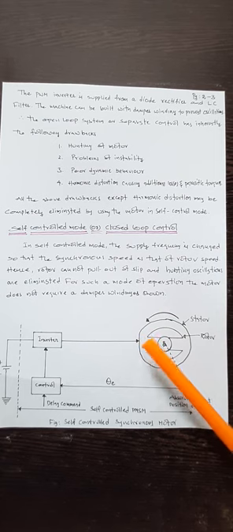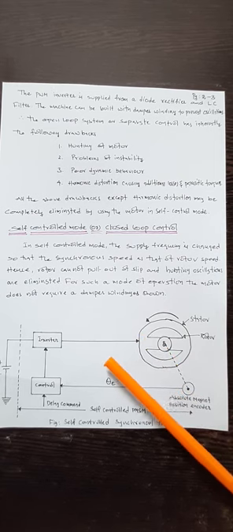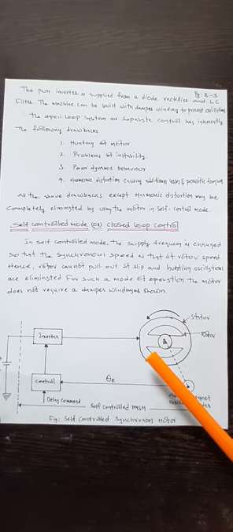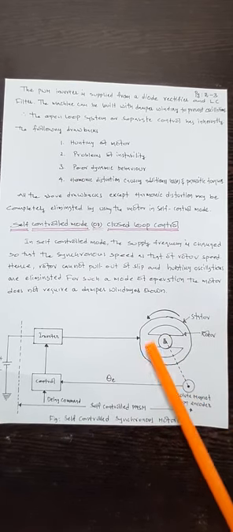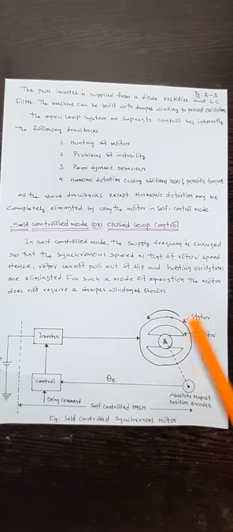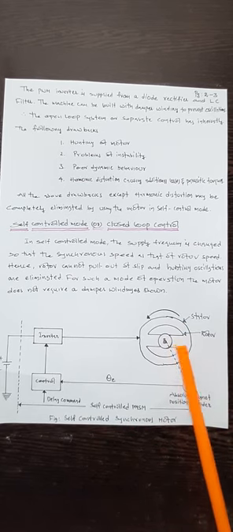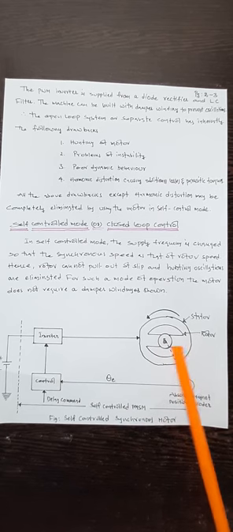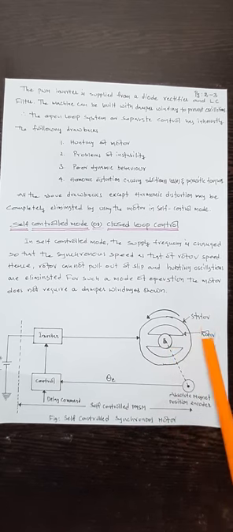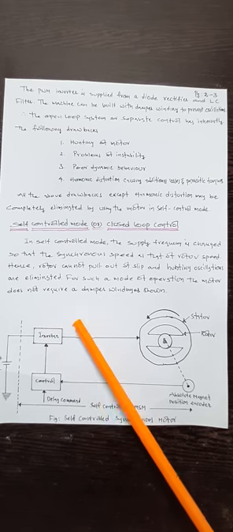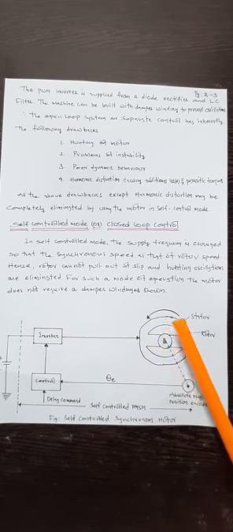Let us see here the block diagram of the self-controlled or closed loop operation. Here you can use a permanent magnet synchronous motor or a reluctance motor. The synchronous motor stator is fed through an inverter, which controls the voltage as well as the frequency.